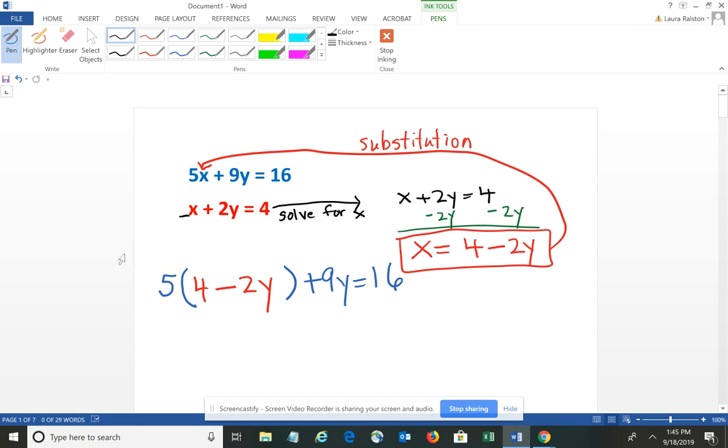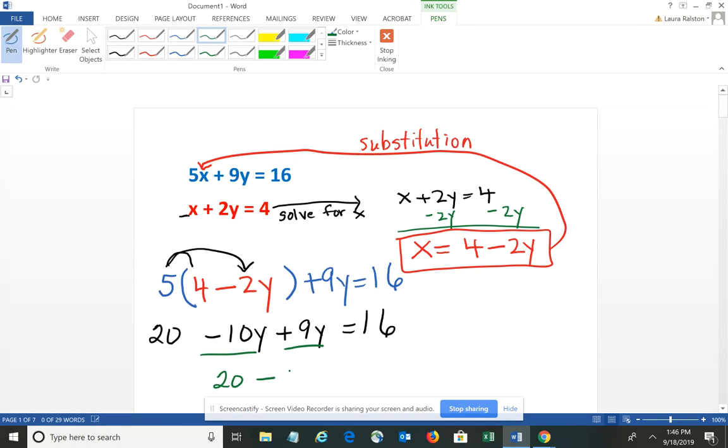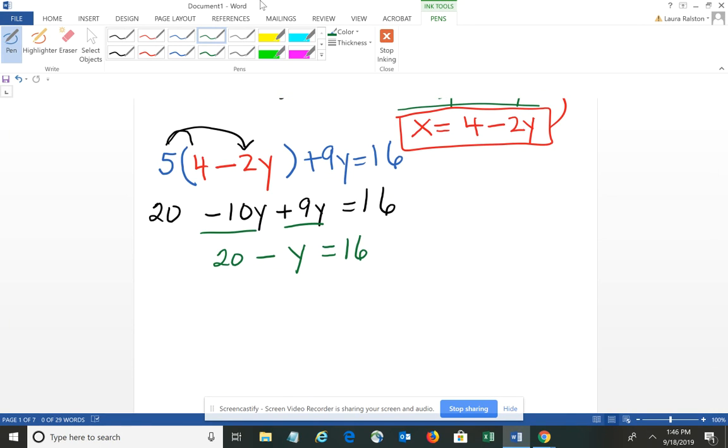I'm going to distribute the 5. So 5 times 4 is 20, and 5 times minus 2y is minus 10y, plus 9y equals 16. I can simplify the left-hand side by combining like terms: negative 10y plus 9y. So I have 20 minus 1y equals 16, and I'm trying to solve for y.